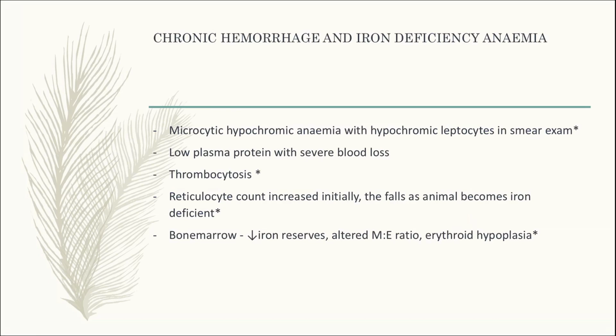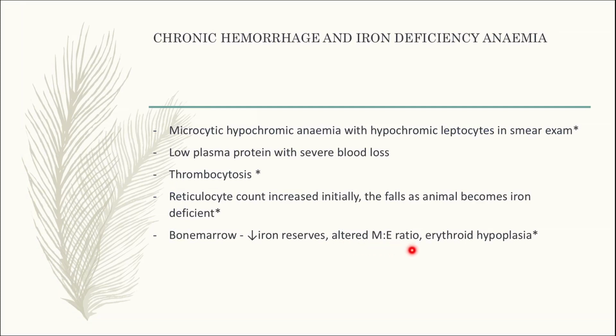chronic anemia and chronic hemorrhage at a constant rate will deplete iron stores from bone marrow and from the liver. So it will lead to iron deficiency, and in bone marrow iron reserves will be drastically reduced, and the myeloid erythroid ratio will be altered. Why?